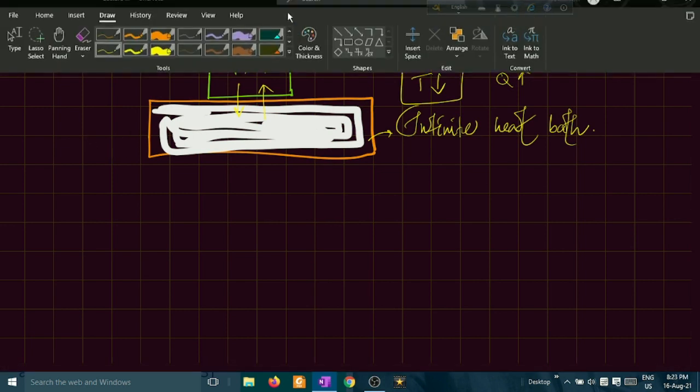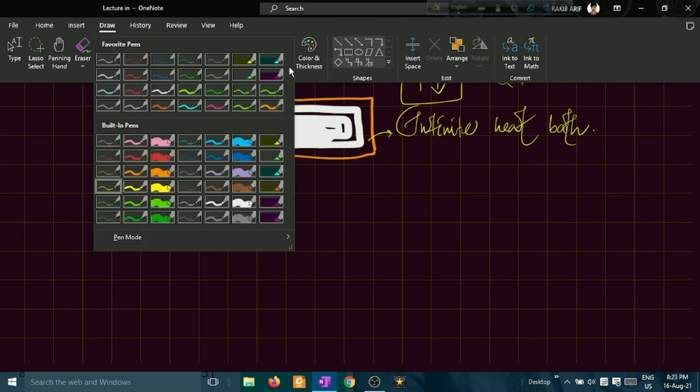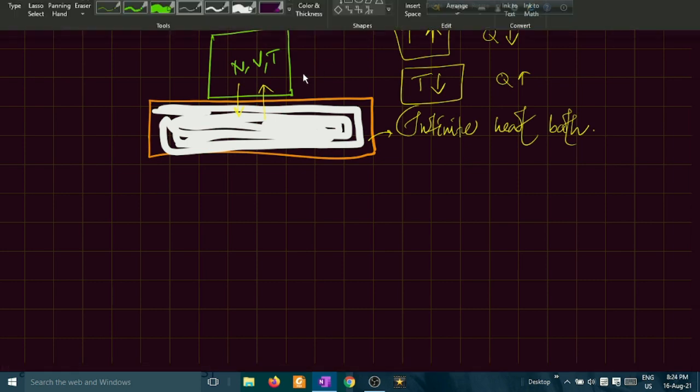What is the leading thermodynamic variable in this case? Let me change the ink.